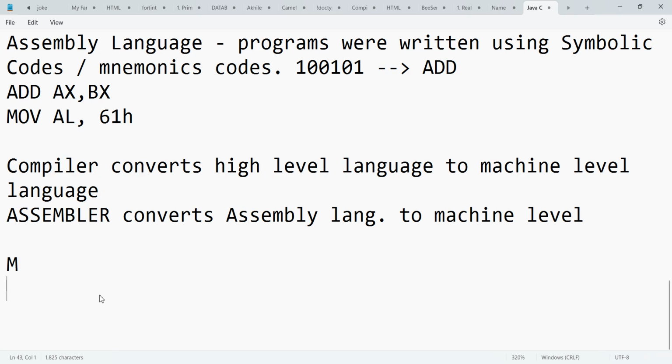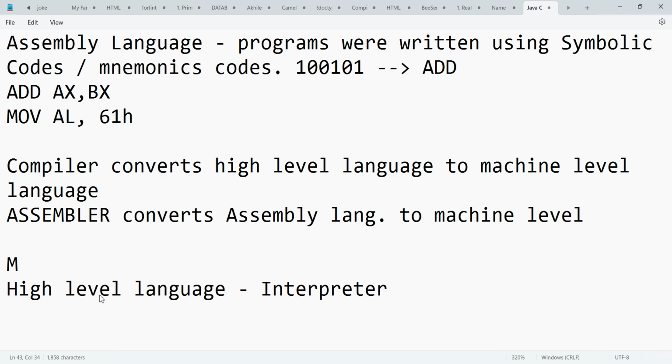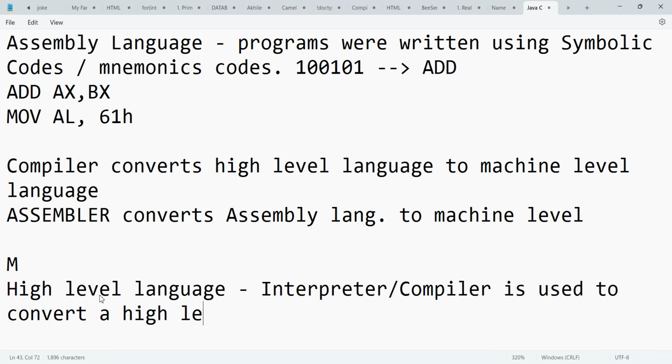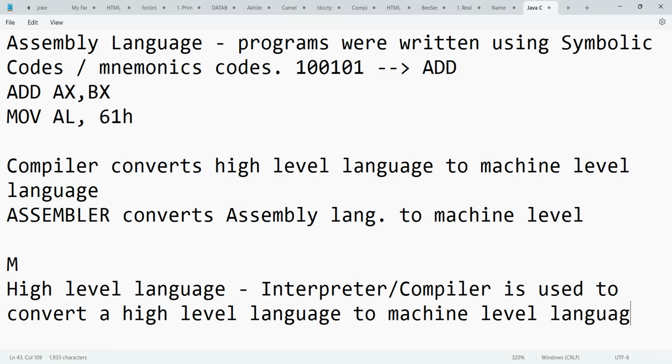Okay. Finally, high level language you people know now. High level language is the language that we can speak or understand. So interpreter or compiler is used to convert a high level language to machine level language.